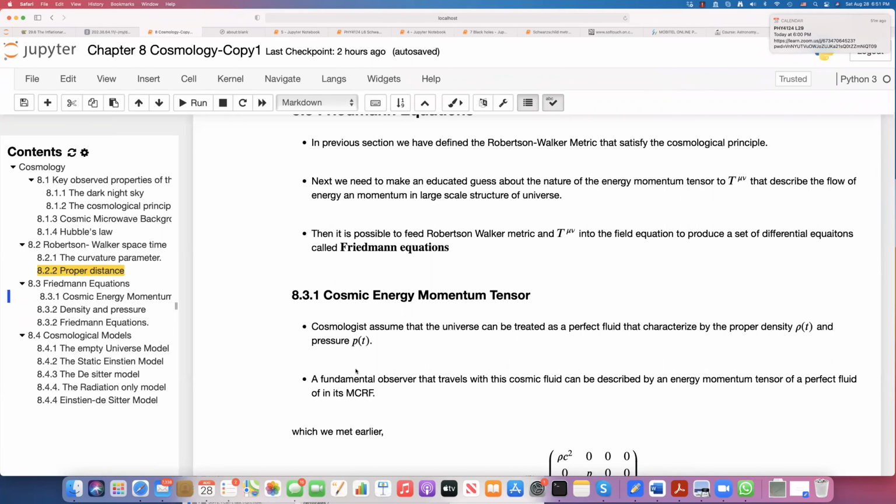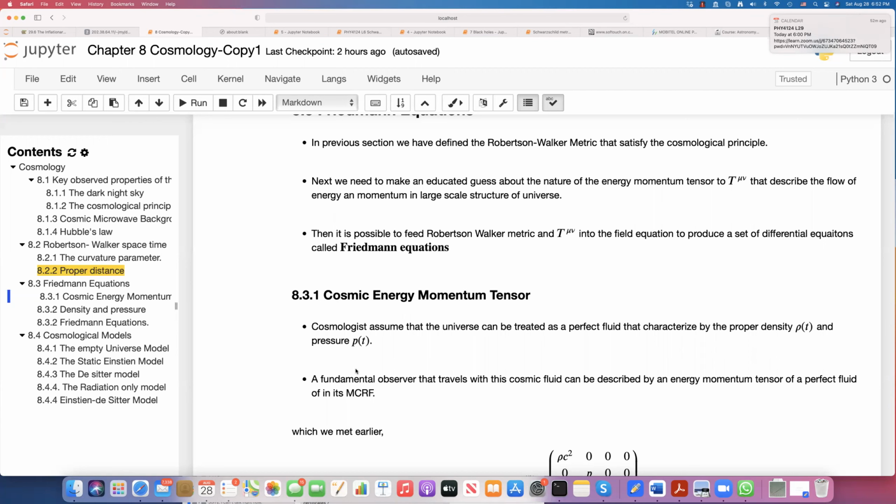Now, a fundamental observer that travels with this cosmic fluid can be described by the energy momentum tensor of a perfect fluid, right? If there is an observer that travels with this particular cosmic fluid, it can be described by the energy momentum tensor of a perfect fluid in a momentary co-moving reference frame.